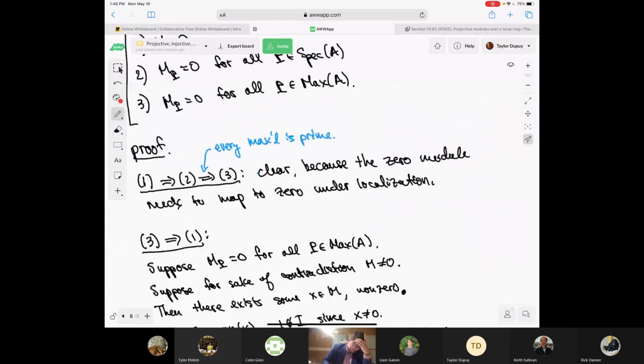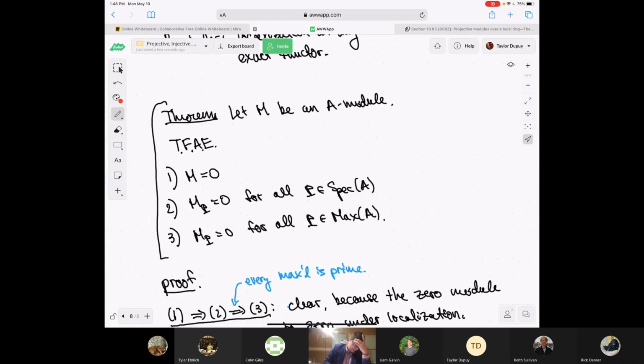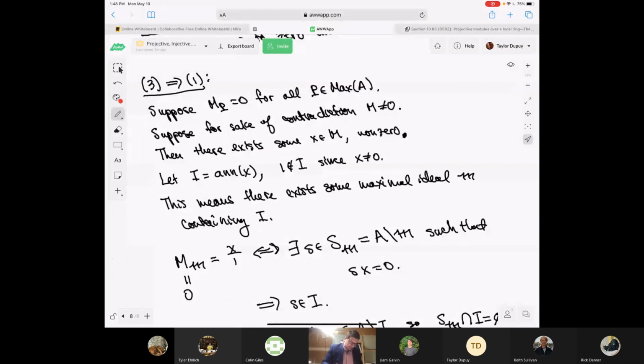If we go back to this one here, you could say at every localization, but you could fiddle with these conditions. It's true that M is 0 if and only if it's true at every localization. And we did use the maximality hypothesis: it comes into this part of the proof where every ideal is contained in a maximal ideal, so it's hard to get away from that in this proof.